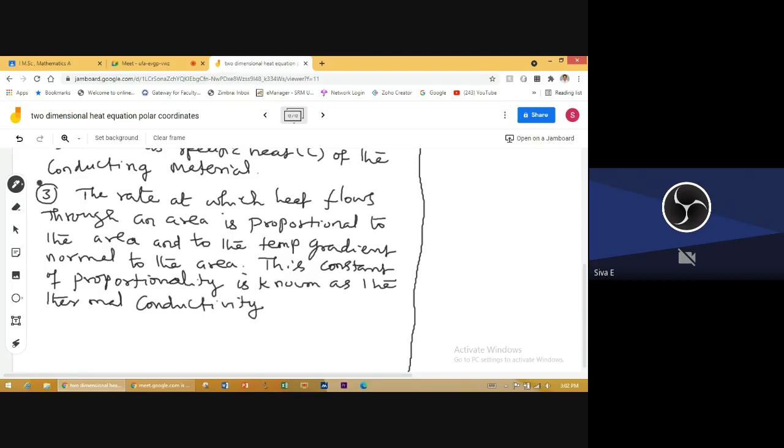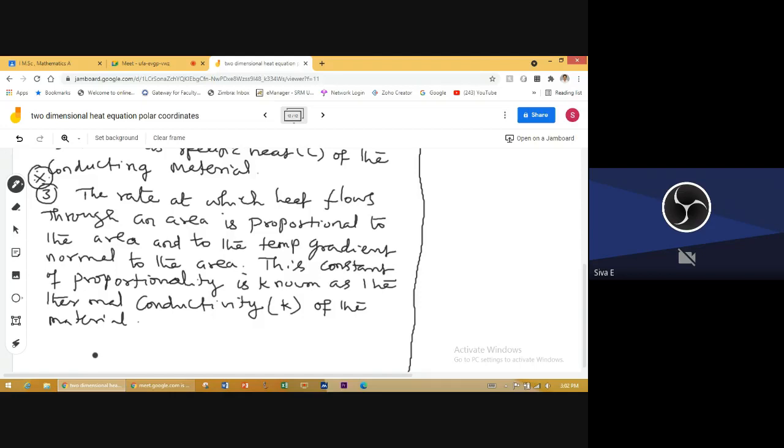This is one more important MCQ. Thermal conductivity K of the material. Okay, this is the third point.